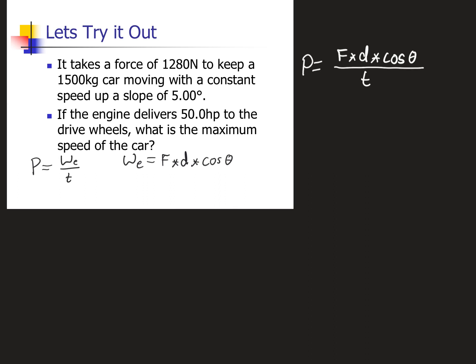Now, if we look carefully, we might notice something. And this is usually where a lot of things go wrong. I have a distance divided by time. What's that the equation for? Velocity. And therefore, I have a force, I have a degree.